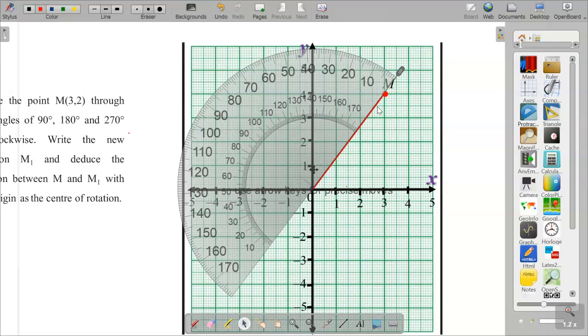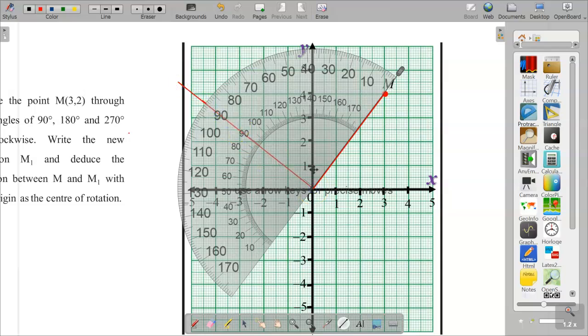And so we try to measure the angle 90 degrees. So 90 degrees will be somewhere here, right? There's the 90 degrees. So we draw a straight line from the center to that 90 degrees.